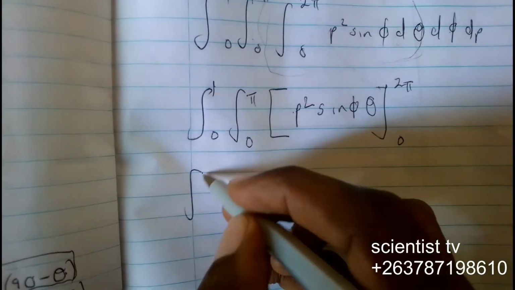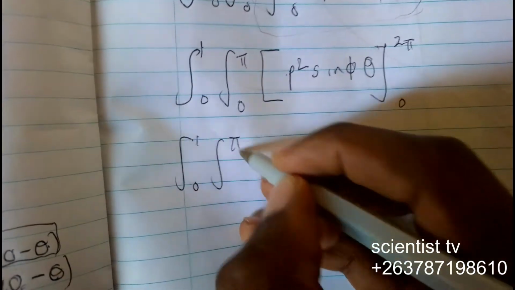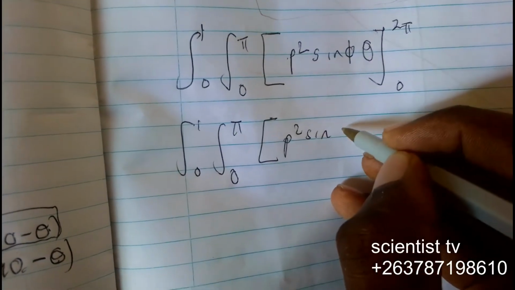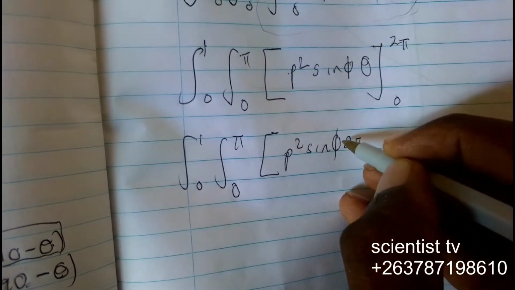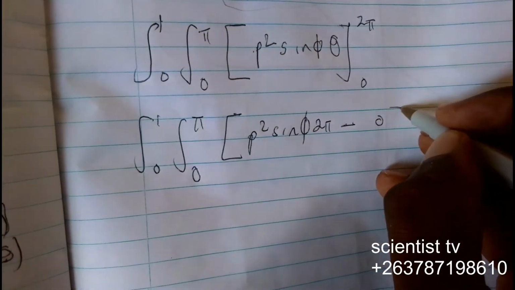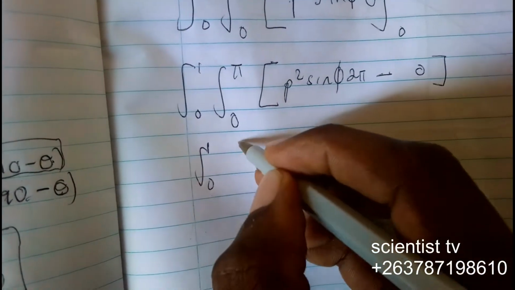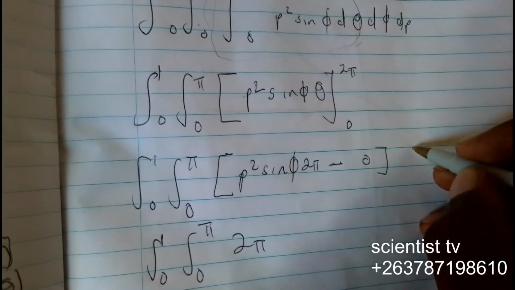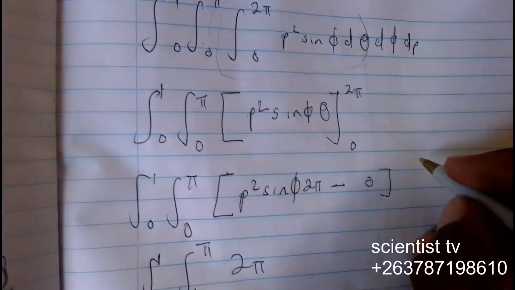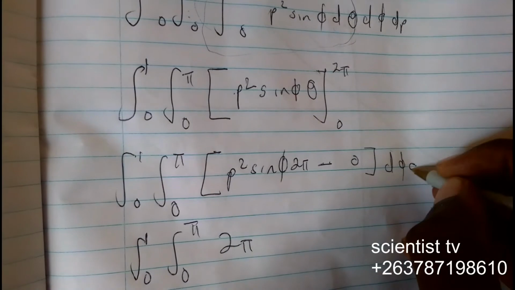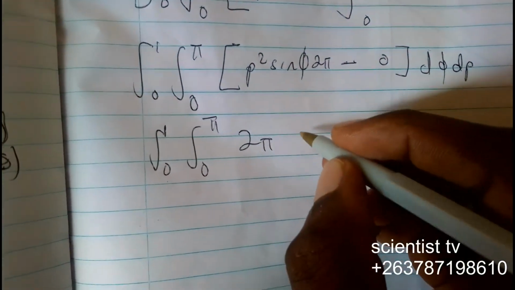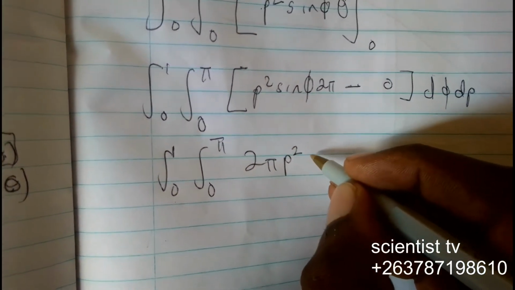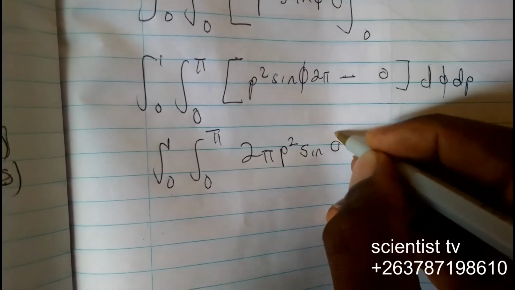If we substitute, it becomes rho squared sine phi times 2 pi minus 0, obviously it's 0. So it becomes the integral from 0 to 1, from 0 to pi, of 2 pi rho squared sine phi. Remember, since we integrated in terms of theta, we're left with d phi d rho.